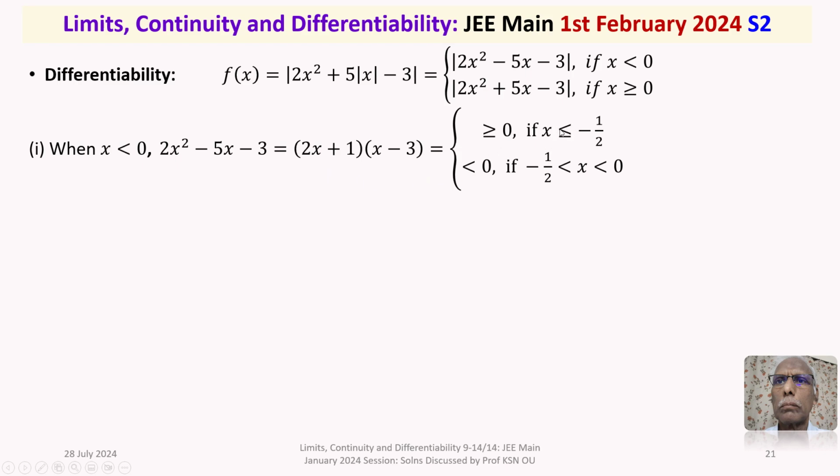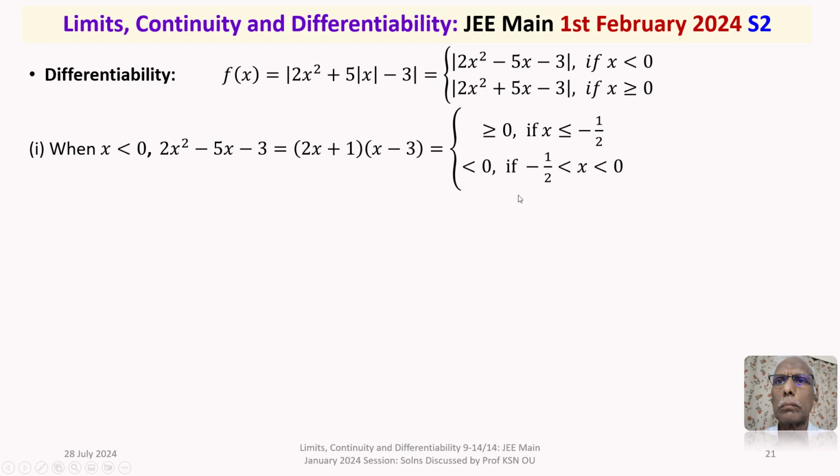And if x is less than or equal to minus 1 by 2, then 2x plus 1 is negative, and x minus 3 is also negative. So negative into negative is positive, greater than or equal to 0 if x is less than or equal to minus 1 by 2.